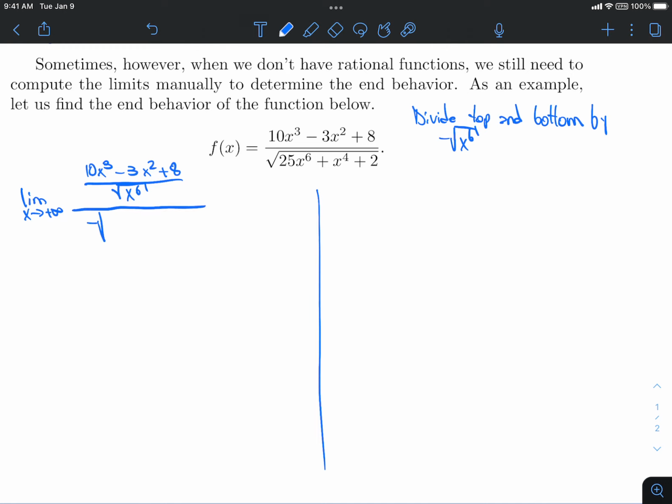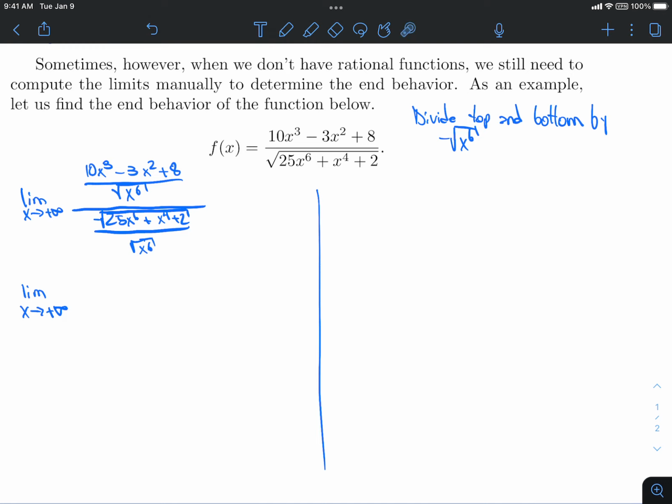Same thing at the bottom. So I'll just put one root for each. So that's the limit when x goes to plus infinity.